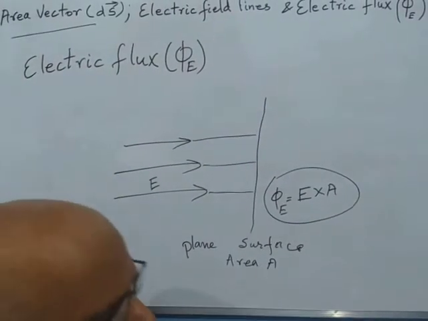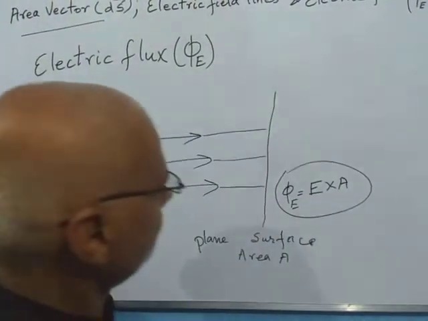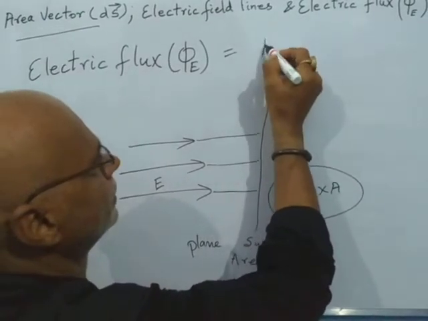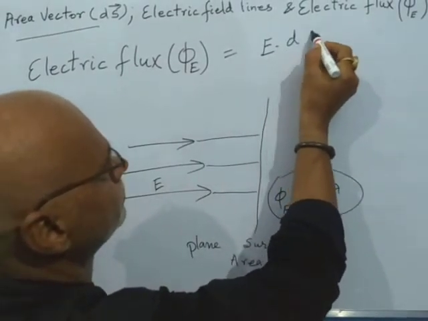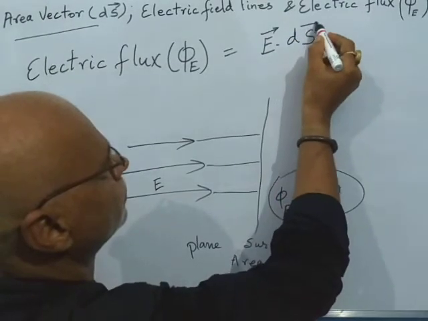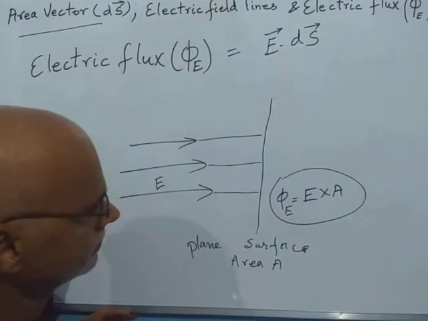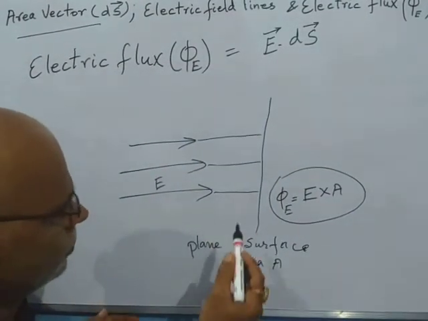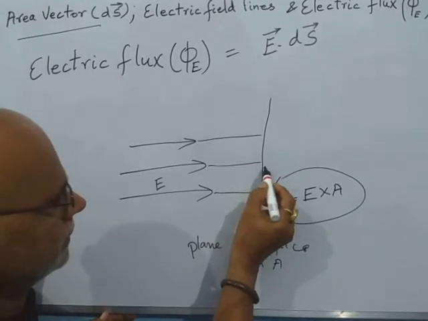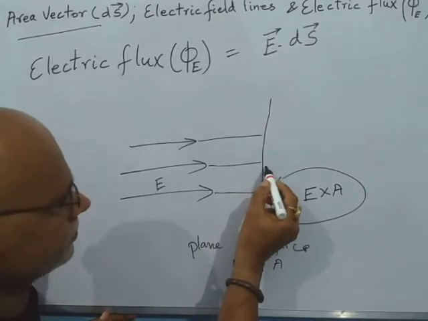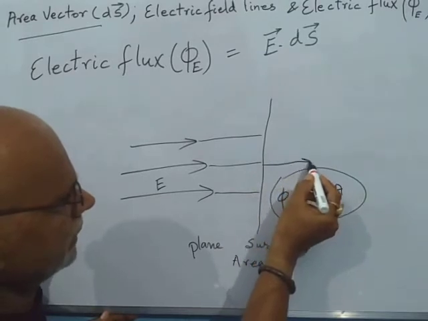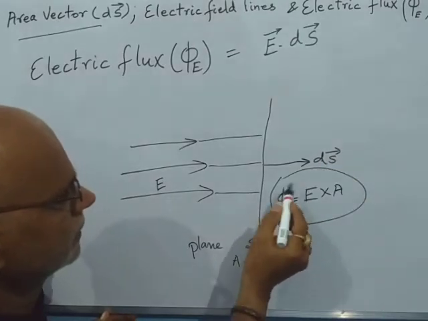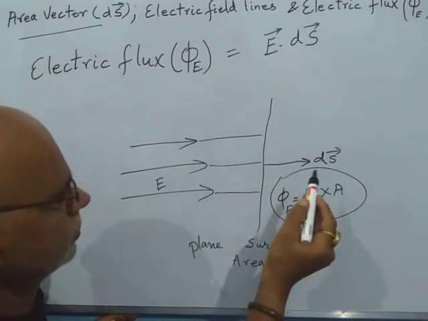So mathematically, in general, we define flux as E dot dS. dS is the area vector and E is the electric field intensity at that point. If you look at this case, the area vector is perpendicular to the surface, radially outward, and the electric field is also along the same direction.